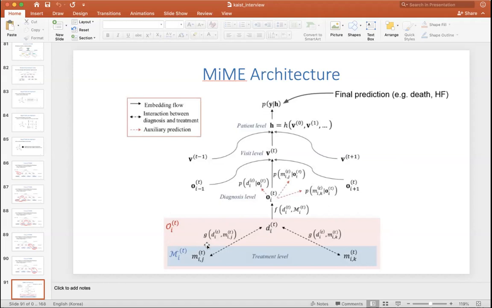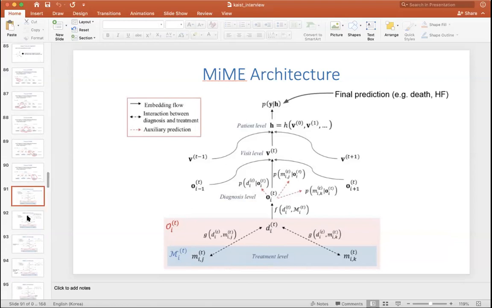You start with the treatment, medication and procedure embeddings at the very bottom, and roll them up repeatedly: to the diagnosis, then the diagnosis object, then the visit. Then you push the sequence of visits to the RNN, get the H, and make the final prediction. There are a lot of levels here, so that's why it's called multi-level embedding. MIME is short for multi-level embedding.